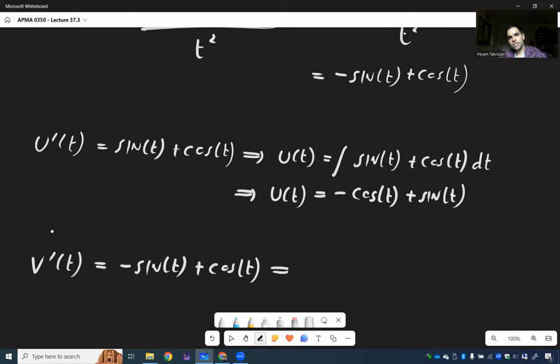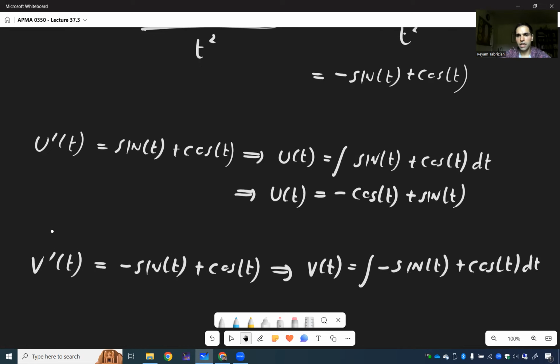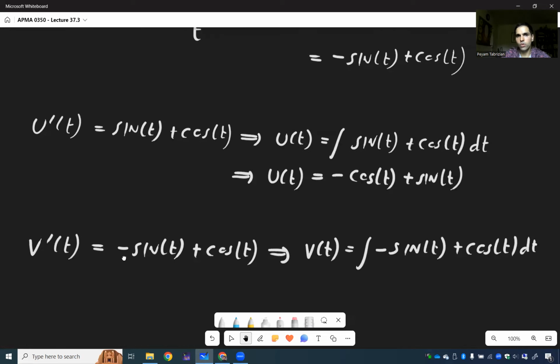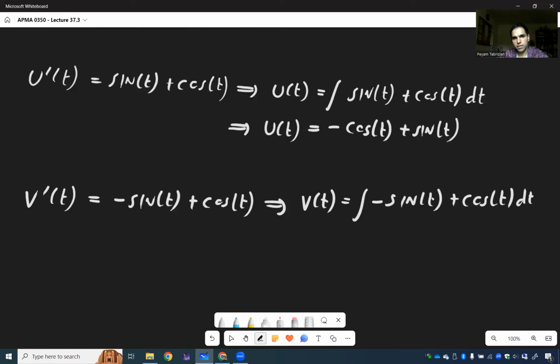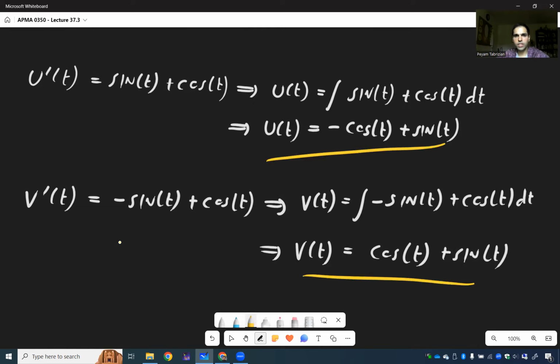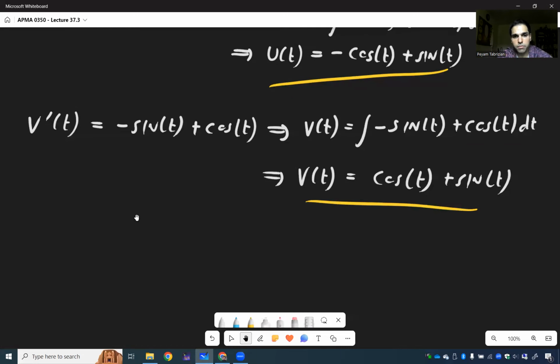And so v is just the integral of minus sine of t plus cosine t dt. And then that becomes, I believe, cosine t plus sine of t. So we get u and v, and now we just need to plug this in.